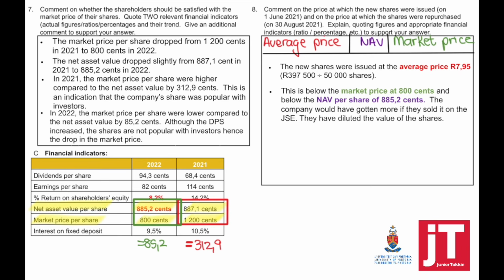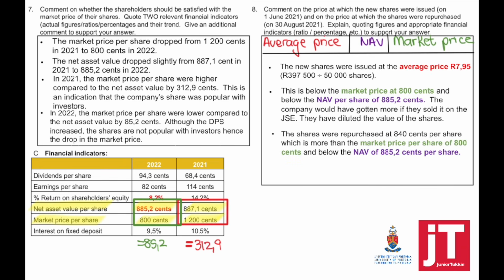The company would have gotten more if they decided to actually sell it on the JSE. When we now look at the repurchase price, the shares were repurchased at 840 cents per share. This is more than the market price per share of 800 cents, but it's below the net asset value of what the shares are actually worth.